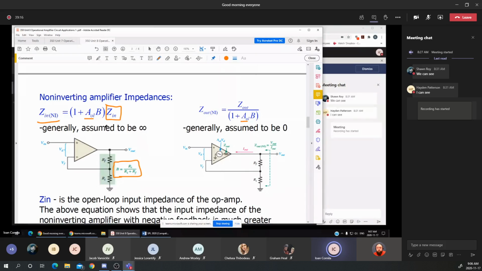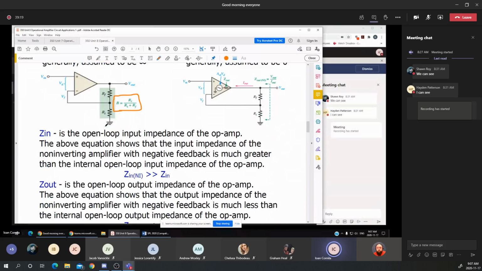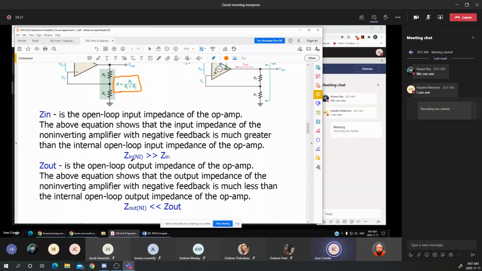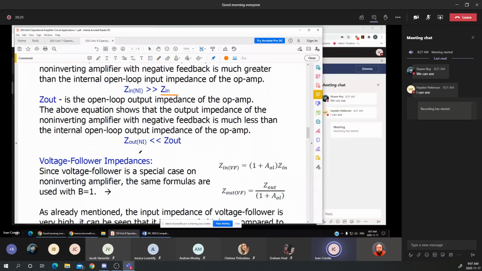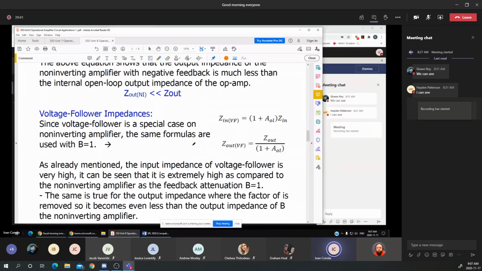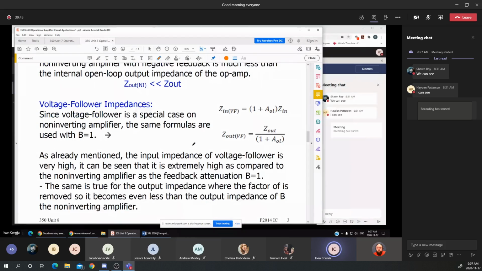I mentioned again that the Zin for a non-inverting amplifier is much higher than the Zin provided by the manufacturer, and in the same way, the Zout for a non-inverting amplifier is much smaller than the Zout provided by a manufacturer.